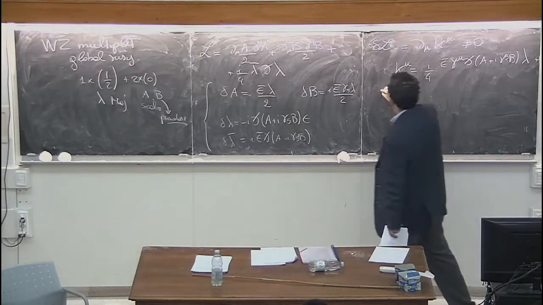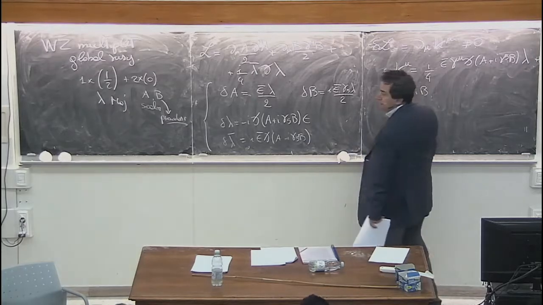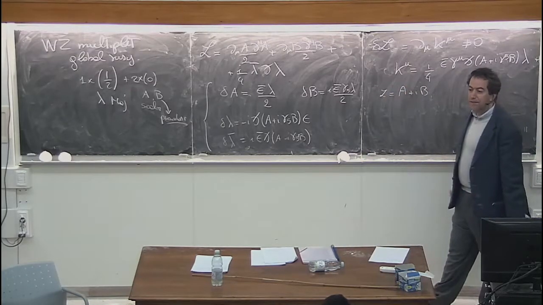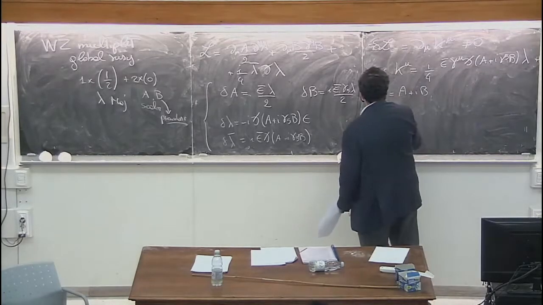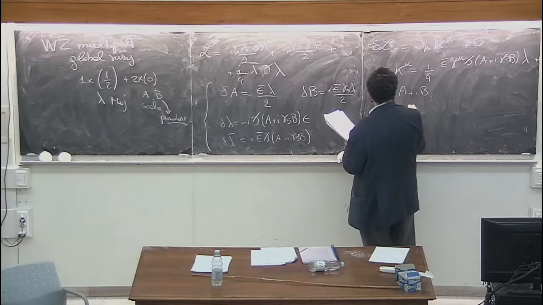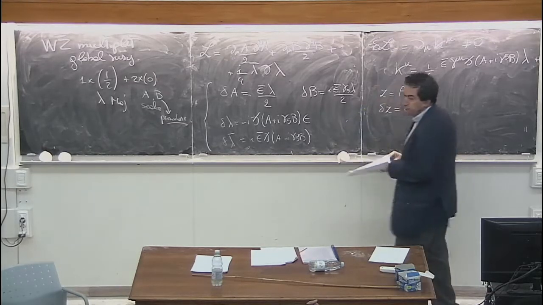Next, define Z as A plus iB. A and B naturally arrange, okay, in a single complex scalar. What happens if we do δZ? Well, if we do δZ, we end up with epsilon alpha lambda alpha in the two-spinor notation.